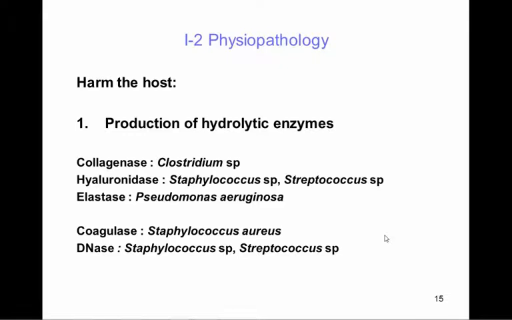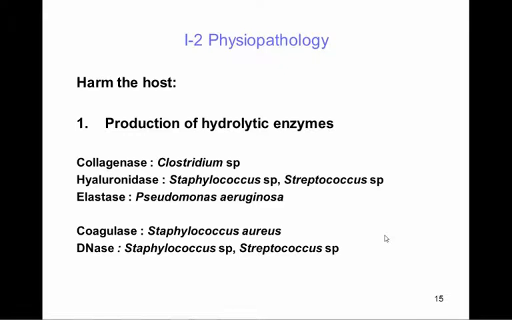If they bind to the endothelium somewhere, they express coagulase, and this will induce the formation of a clot. Maybe not even in the blood vessel, maybe on the other side. Okay, they're on the other side, maybe causing some damage. They'll form a clot.